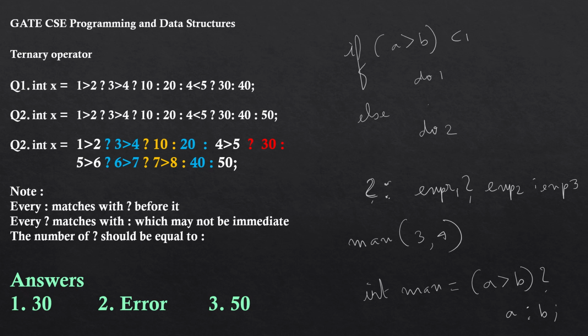First, when the program is evaluating, it comes here. It checks the condition, if A greater than B. If it is true, it returns A. Otherwise, it returns B. So here we're checking if 3 greater than 4, which is false. So it returns 4. So we found the max as 4.